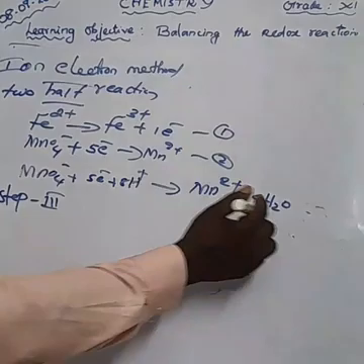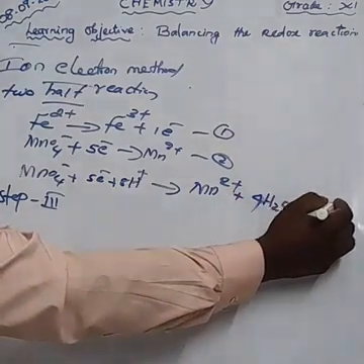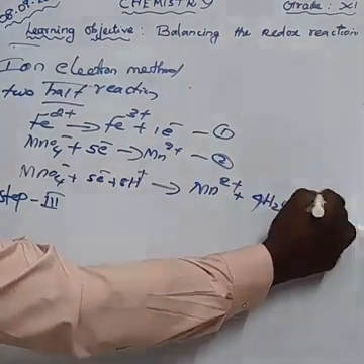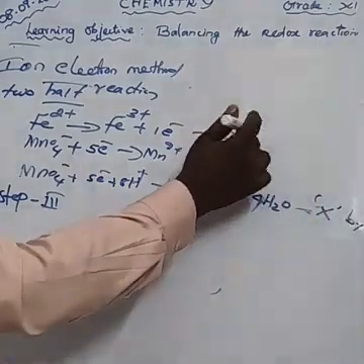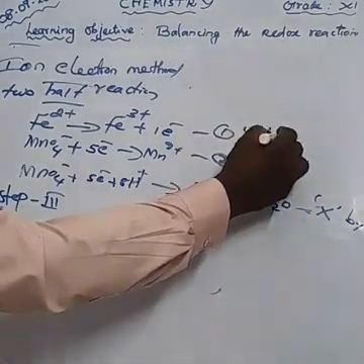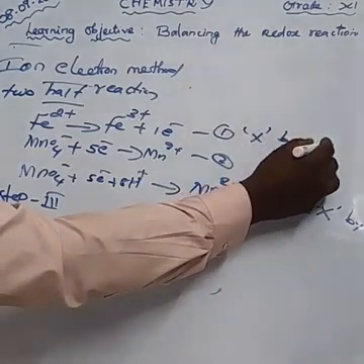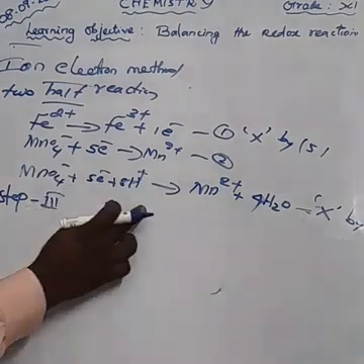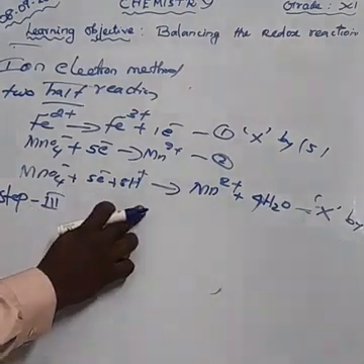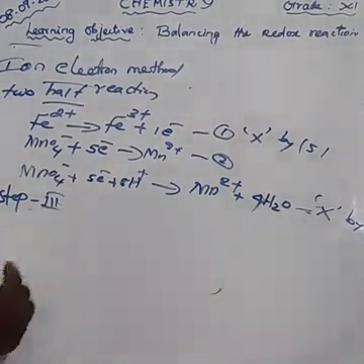This equation is multiplied by 1 and this equation is multiplied by 5. What does it mean?